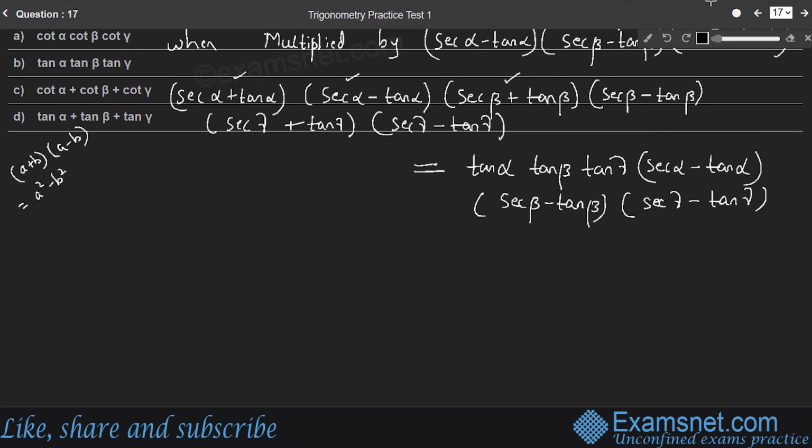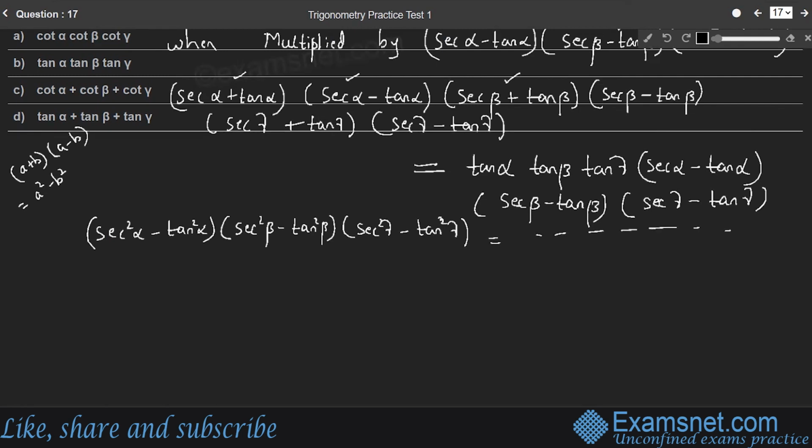So a square minus b square here is secant square alpha minus tan square alpha, into secant square beta minus tan square beta, into secant square gamma minus tan square gamma, is equal to the RHS part. RHS part, let it be as it is.